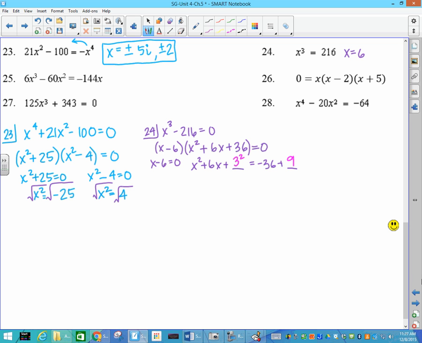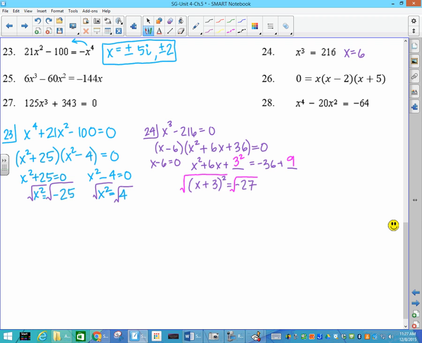Okay, so that always factors, from a PST, to x plus 3 squared equals negative 25. Nope, negative, not 25, negative 27. There we go. So if it's negative 27, now I'm going to take the square root of both sides.